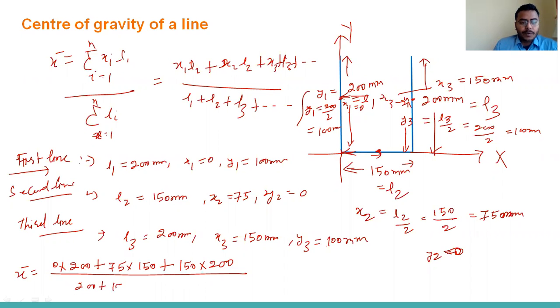Putting in the values: 0 into 200, plus 75 into 150, plus 150 into 200, divided by 200 plus 150 plus 200. Whatever value we get, that will be x bar. Similarly, you can calculate and see what value you are getting.